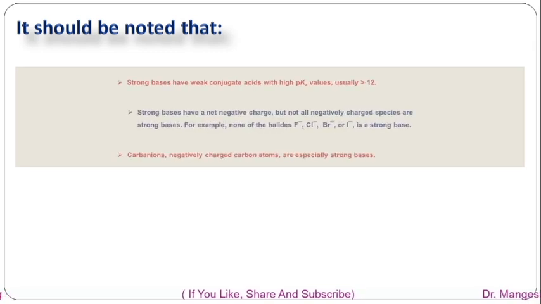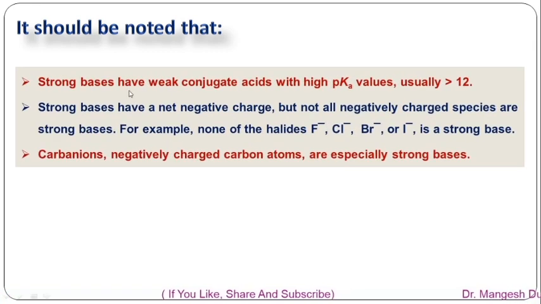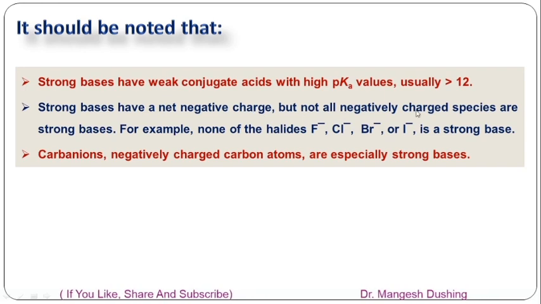Some points to be noted: strong bases have weak conjugate acids with high pKa values, usually more than 12. Strong bases have a net negative charge, but not all negatively charged bases are strong bases.